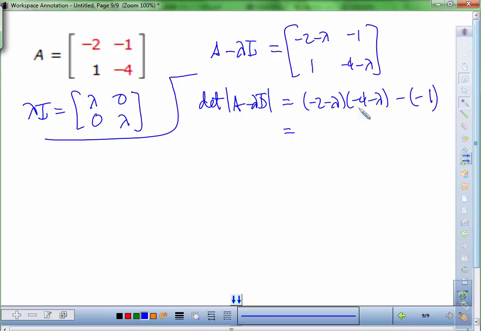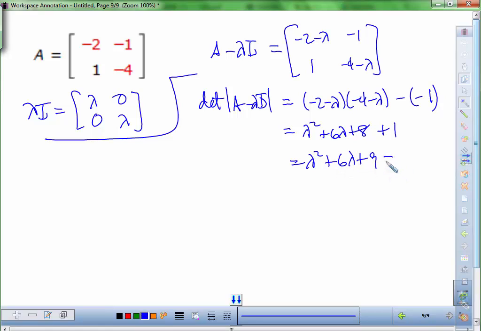And then now let's multiply it out again. So I'll take the lambdas first, and then we want to add 1, so that becomes 9. Lambda squared plus 6 lambda plus 9.